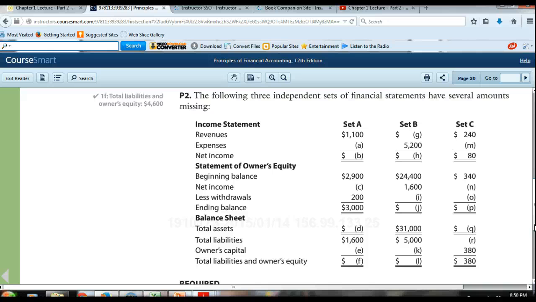Okay guys, let's look at set B. What can we decipher with set B? We were given the net income, great. So if the net income is 1,600, then that means H is 1,600, doesn't it? What does that mean G is? Good.